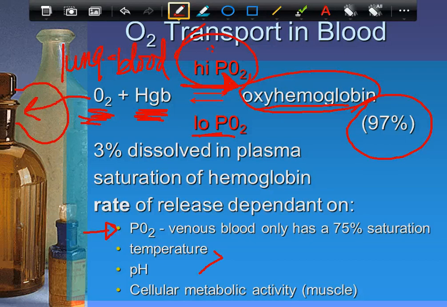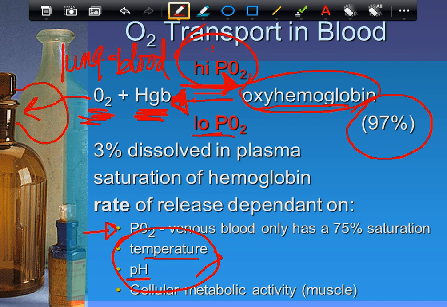Now, temperature and pH. Let's say you're doing bicep curls and you're really contracting muscle. The temperature would be warmer, and because of cell respiration, the pH would be lower. Remember all the acids of glycolysis and the Krebs cycle. And these two things contribute to the breakdown or dissociation of oxyhemoglobin to free oxygen and hemoglobin.